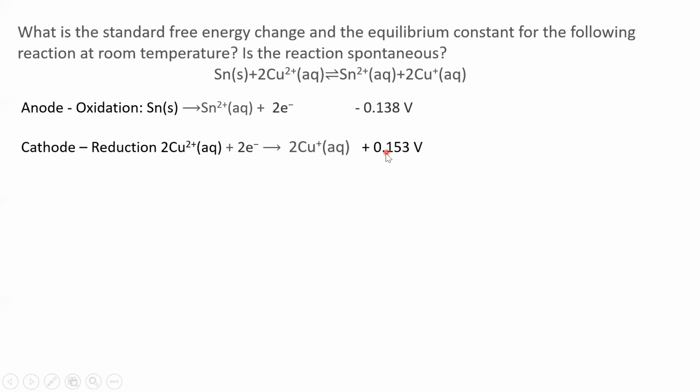So step number 1, calculate the potential difference between the reduction and the oxidation. You're taking the cathode value and subtracting the anode value and seeing what you get for the voltage across our cell.